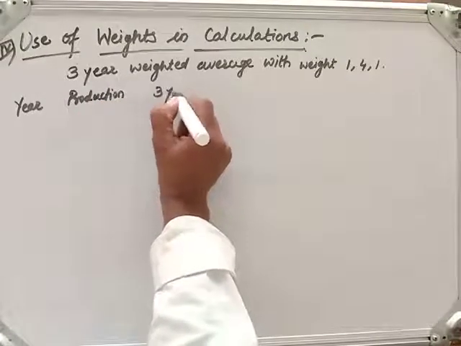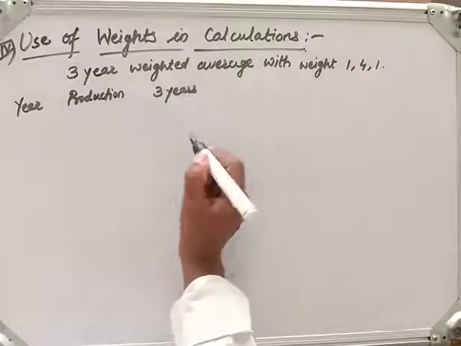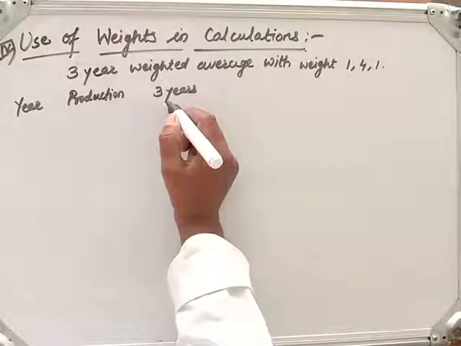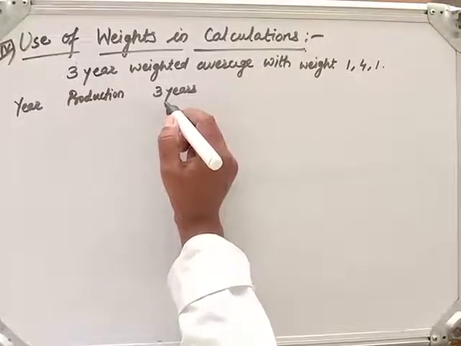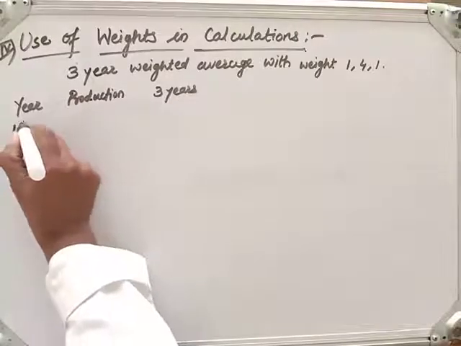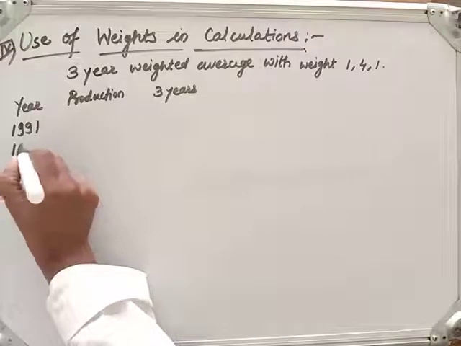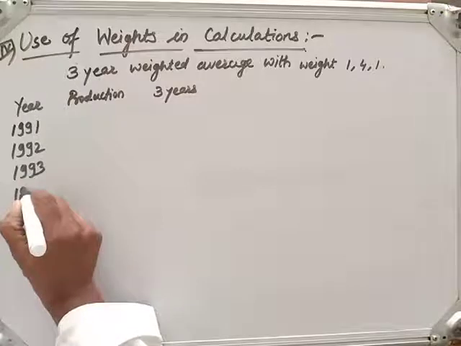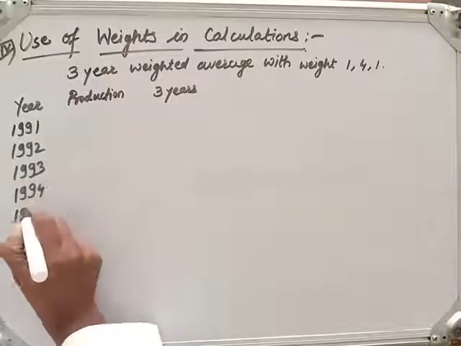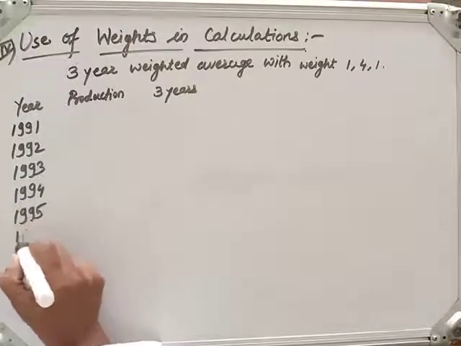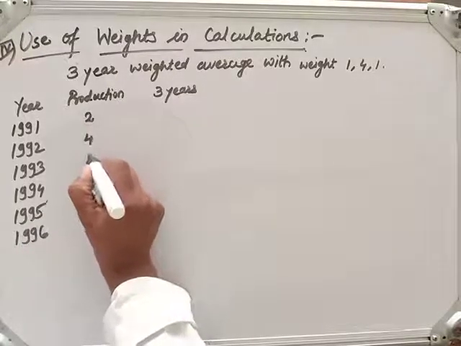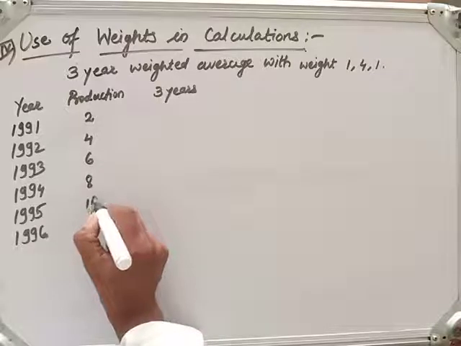Here suppose 3-year weighted, we will find 3-year totals using weights. Now 1991, 1992, 1993, 1994, 1995 and 1996. Production is 2, 4, 6, 8, 10 and 12.